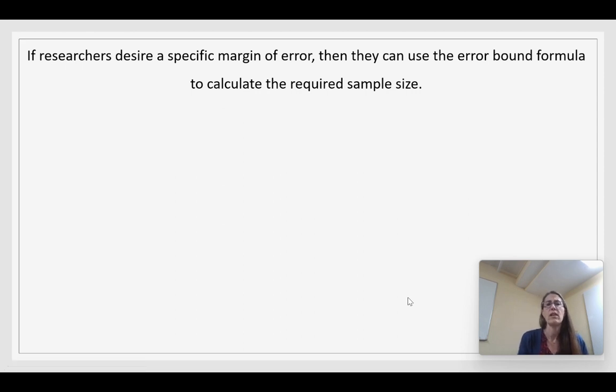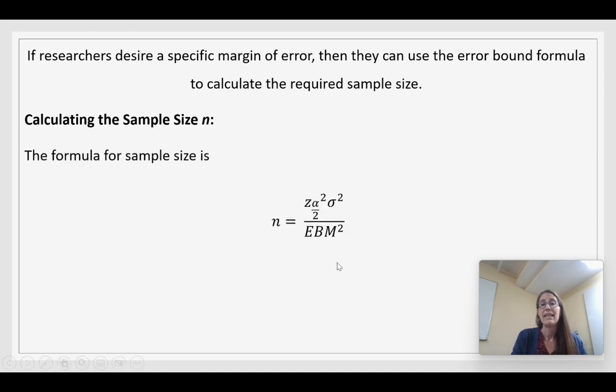So if researchers desire a specific margin of error, they can use the error-bound formula to calculate the required sample size. Calculating sample size n is this fun formula here. It's not as bad as it looks. It's the z-score squared times the standard deviation of the population squared divided by the error-bound at the mean squared.